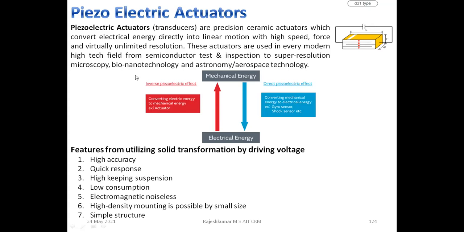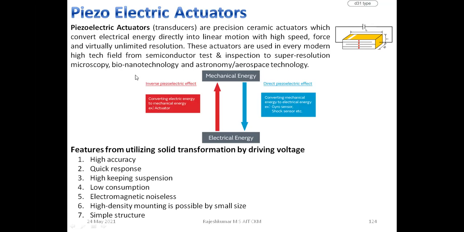These are the materials to be considered while designing any piezoelectric actuator. Here, the piezoelectric ceramic material generates electrical energy. This is a simple basic thing to keep in mind with any piezoelectric consideration.